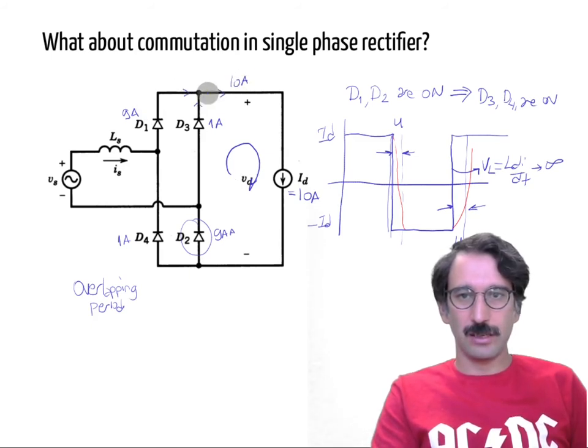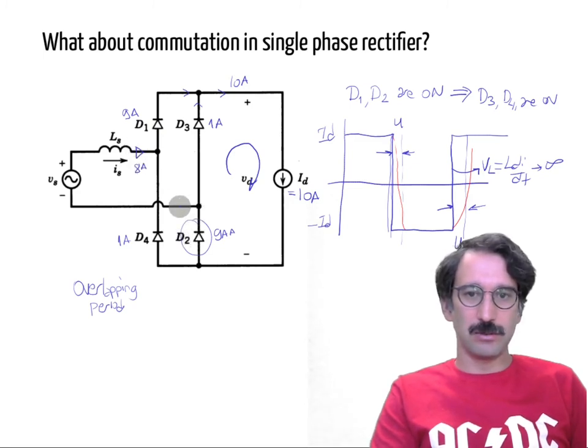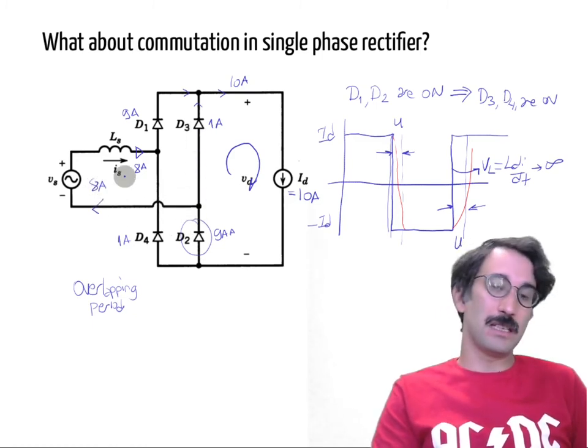And in that loop, 1 amp is coming from here, so that is now reduced to 8 amp. I mean, this is consistent. 9 amps coming from here, 1 amp is going there, so that is 8 amp as well.